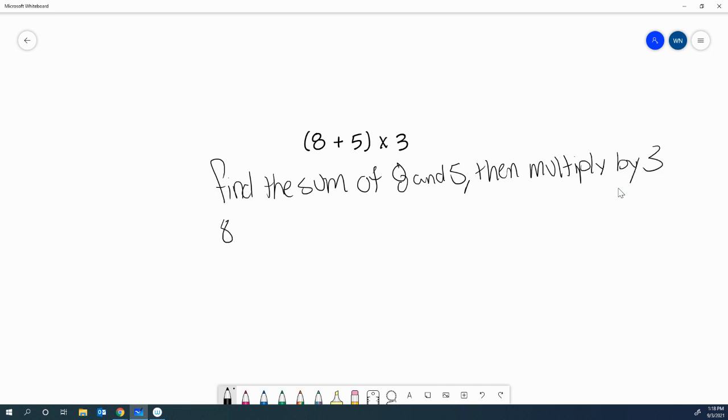You could have also said 8 plus 5, comma, times 3. But remember, we're going for those 5th grade words. Find the sum of 8 and 5, then multiply by 3. Again, if you have a question about whether yours is correct or not, please raise your hand. And that brings us to the end of numerical expressions.